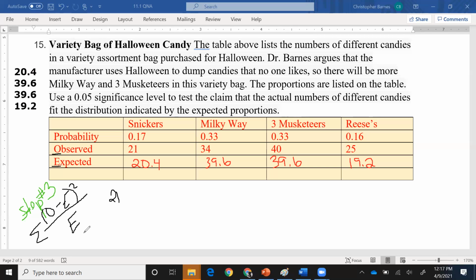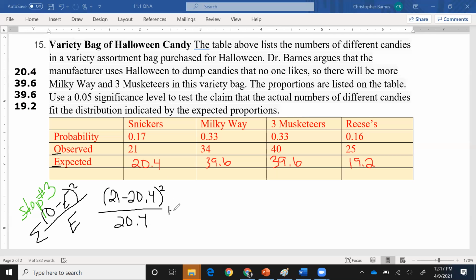So you just gave me the numbers in the different direction. Observed comes first. Sorry, 21 minus 20.4 squared over 20.4, I think. No, you say you think, but you got it right. Again, that's why I was saying practice will make it come a little bit perfect.